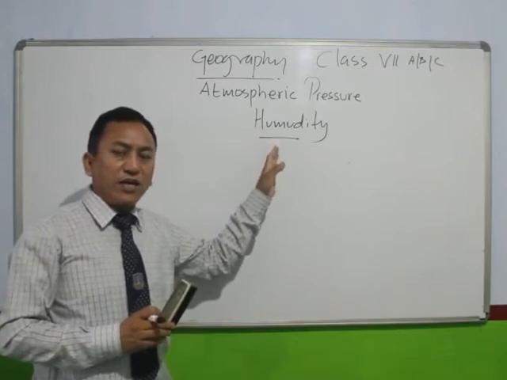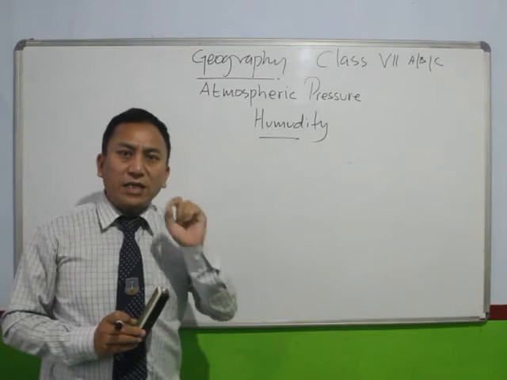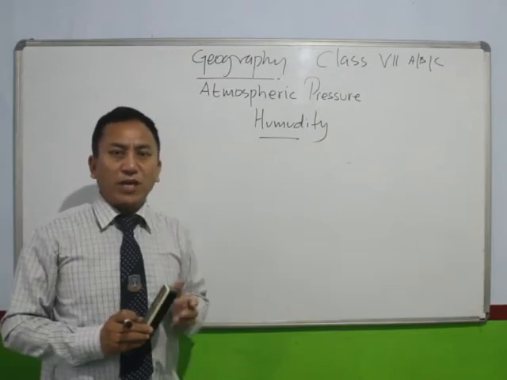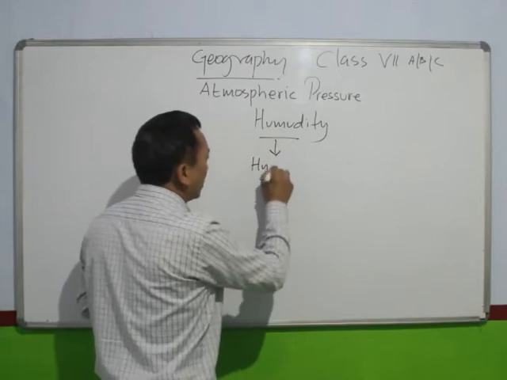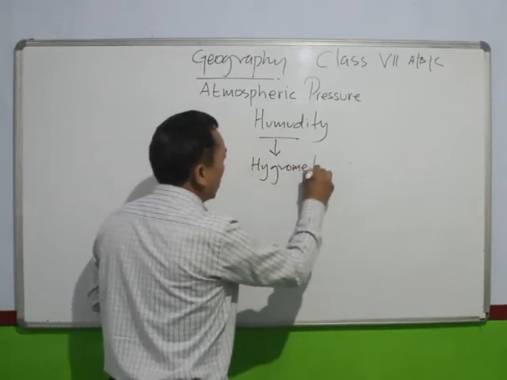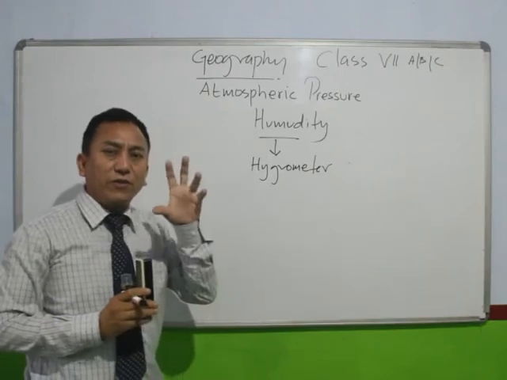So once again I say, humidity is the amount of water vapor present in the air at a given time and place. It is measured by an instrument called the hygrometer. It records by itself.